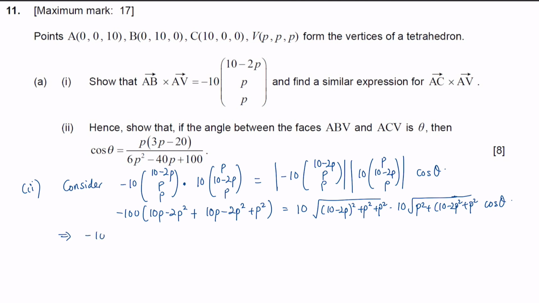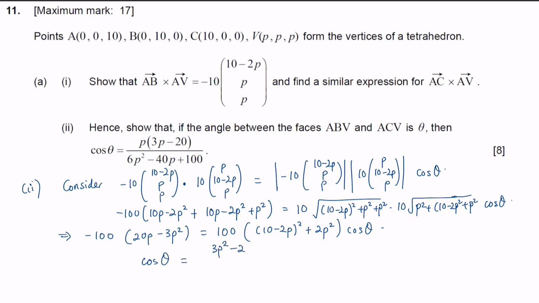So this is minus 100 times (20p minus 3p squared) equals 100 times ((10 minus 2p) squared plus 2p squared) cosine theta. So cosine theta is equal to (3p squared minus 20p) over ((10 minus 2p) squared plus 2p squared), which hopefully will reduce to what I want.